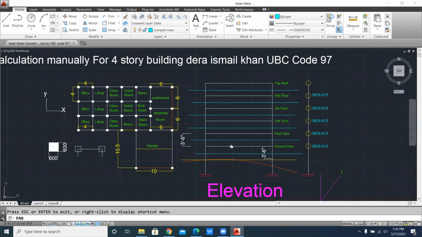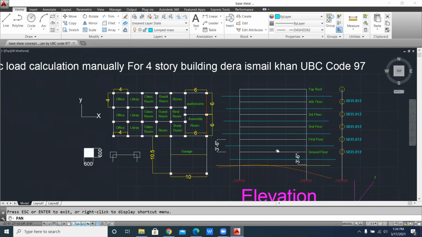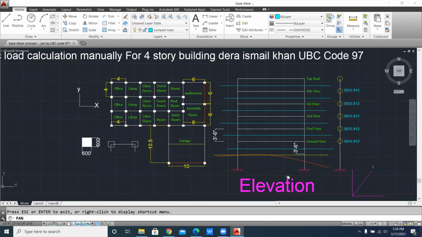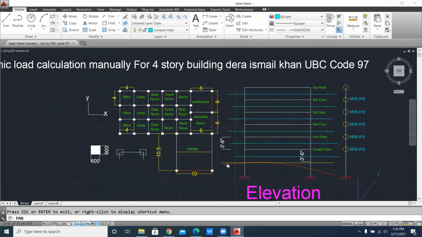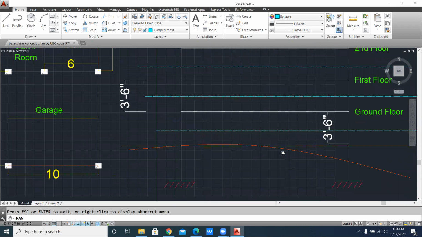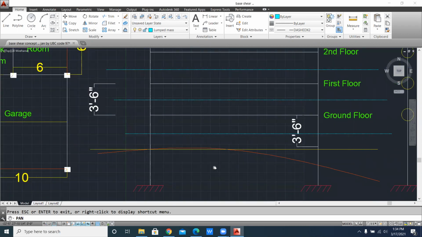Now if I talk about our structure, this is actually the structure and the elevation. What is basically elevation here? You can see the red line, which is the contours, and it is below the ground.